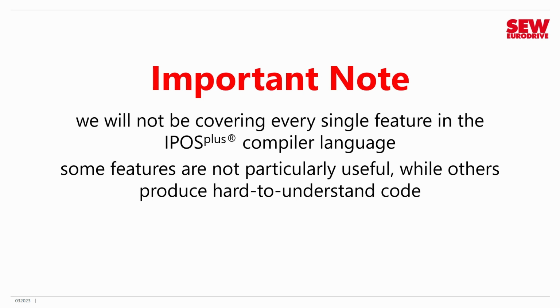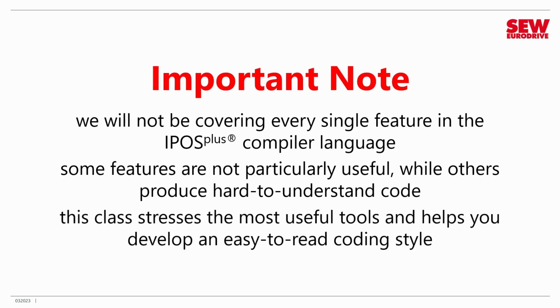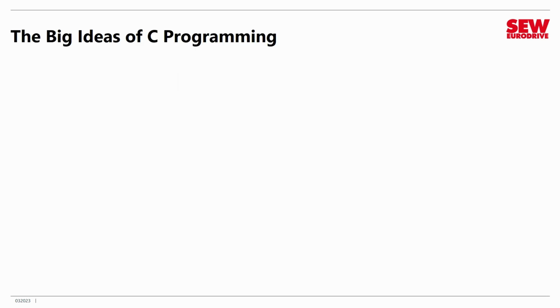And my goal in this course is not to have you produce really crafty, clever code that only people who are really in the know can understand. I want you to develop an easy-to-read coding style that other people can understand and get up to speed in very quickly.